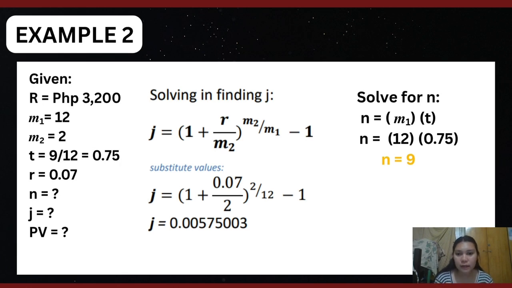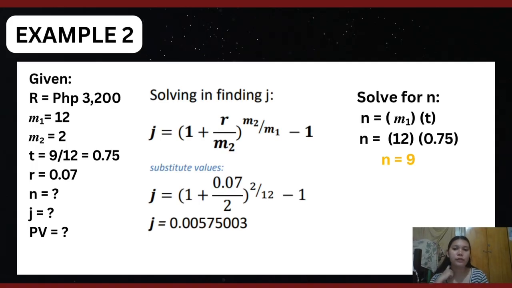And for the total number of years, since he will only pay for 9 months, so 9 divided by 12 is equal to 0.75. And our nominal rate is equal to 0.07 since the interest is 7%.